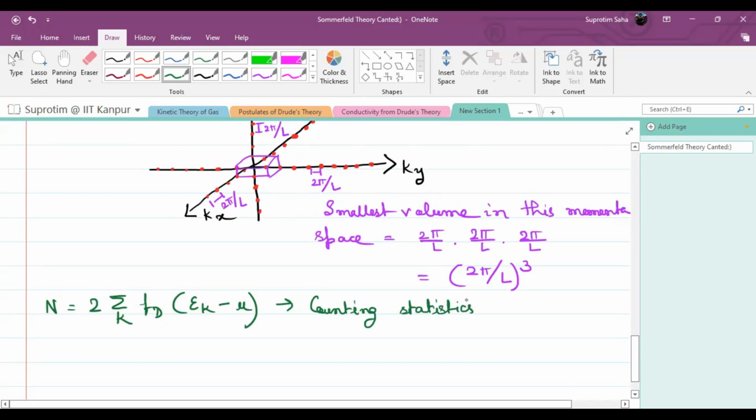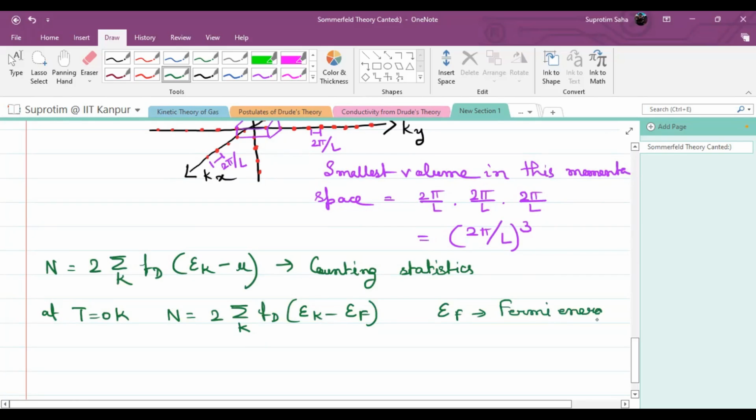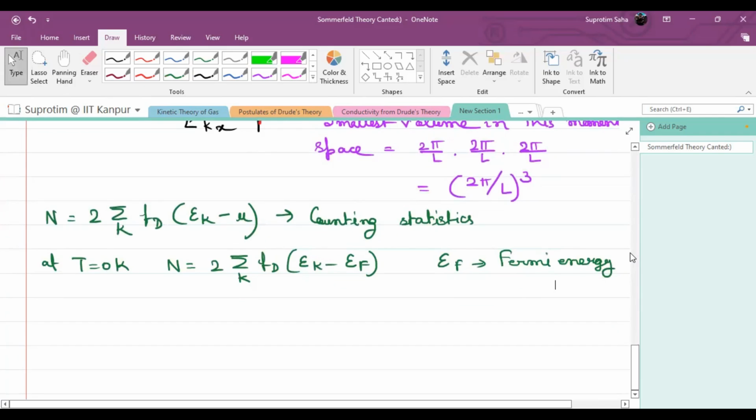So now at T equals 0 Kelvin, this is modified as n equals twice the sum over k of f_FD(e_k minus e_F), where e_F is your Fermi energy. Understood? So at T equals 0 Kelvin, the chemical potential mu is transformed into e_F, which is your Fermi energy.